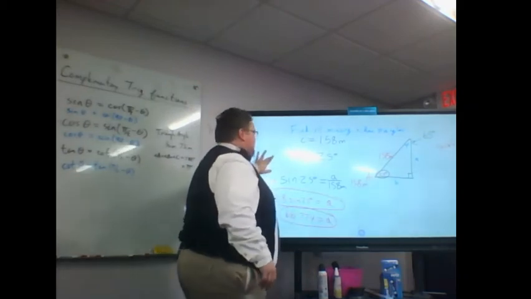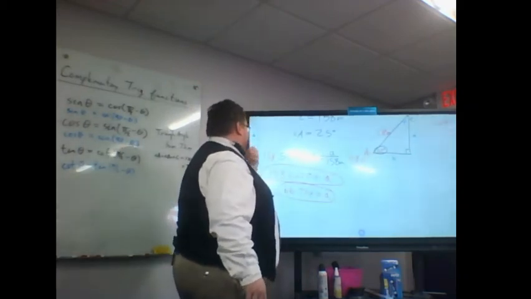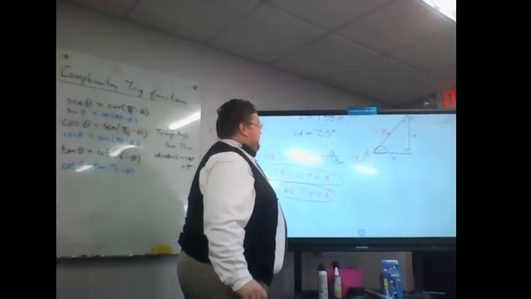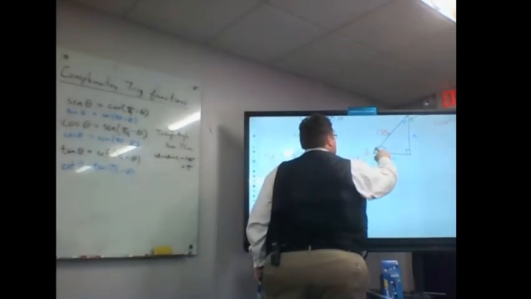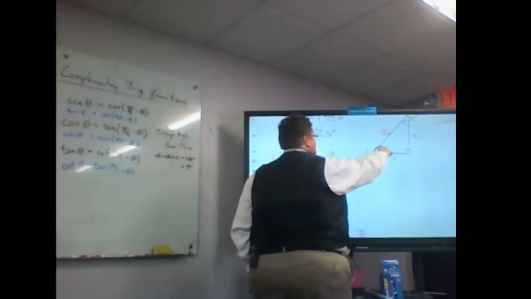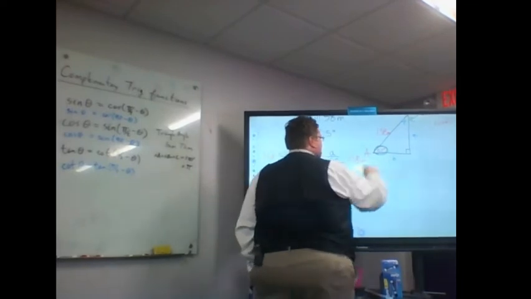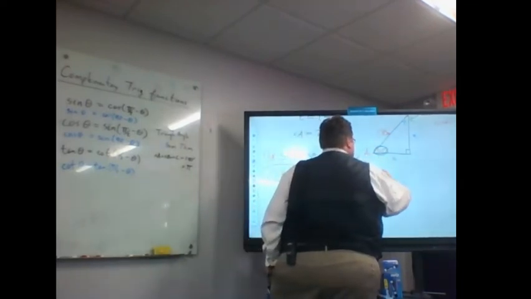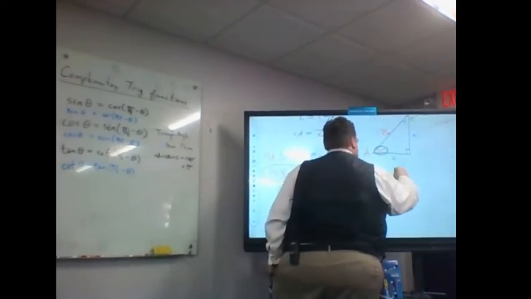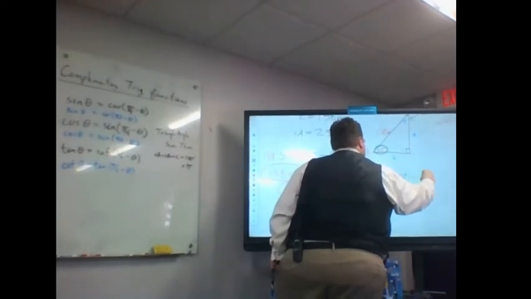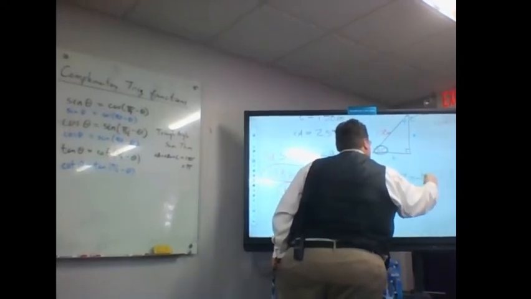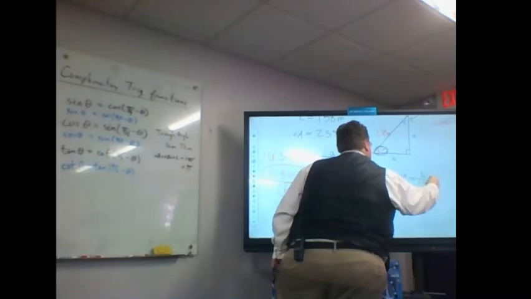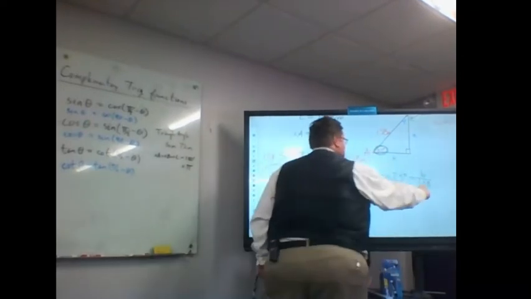Let's take a look. Now, in this case, let's do B. So again, I'm at this 25 degrees. That's my primary focus. So in this case, B would be adjacent to 25 degrees, and the hypotenuse would be 158 meters. So I would use cosine of 25 degrees equals the B value over 158 meters.